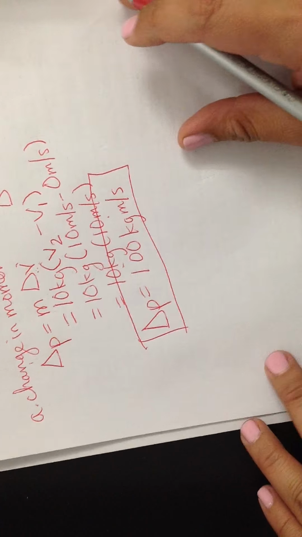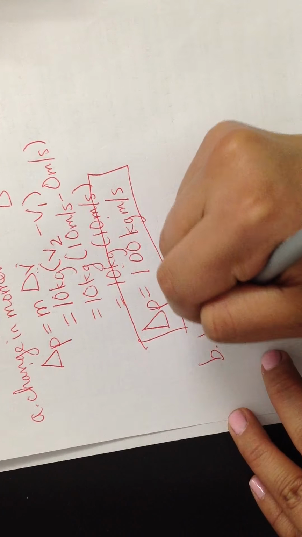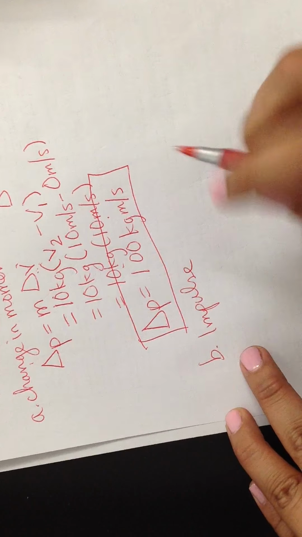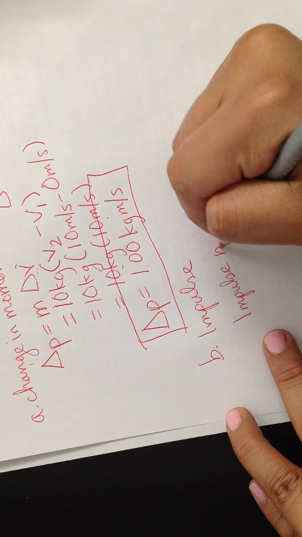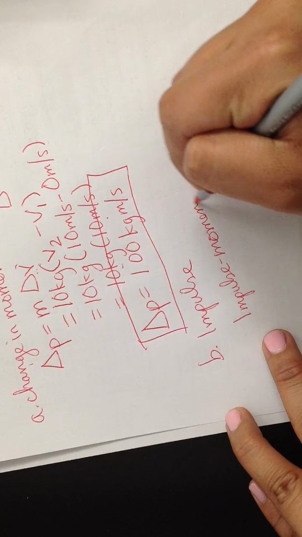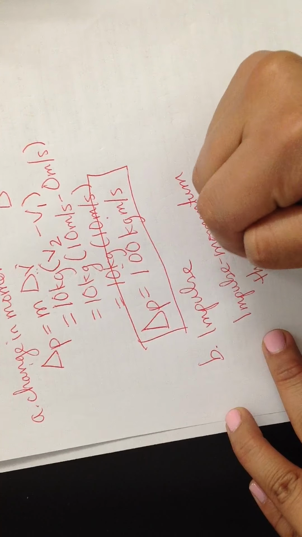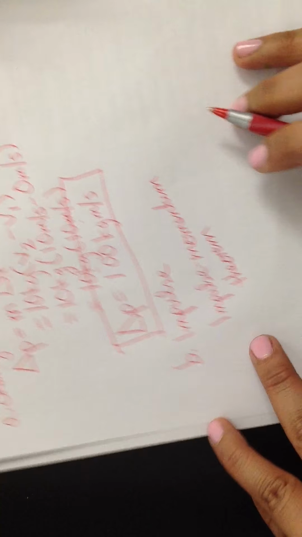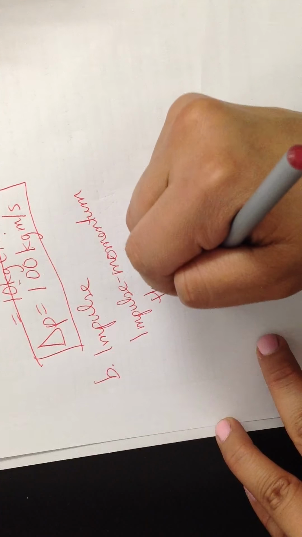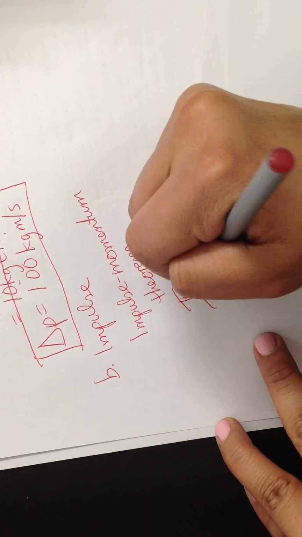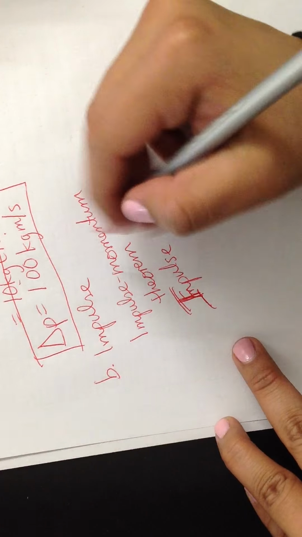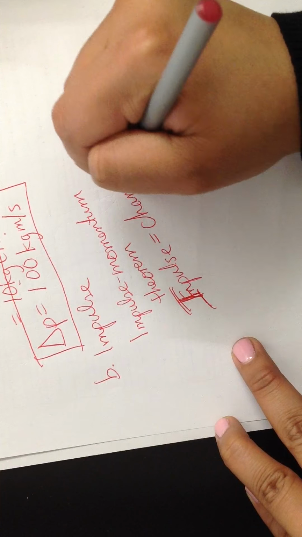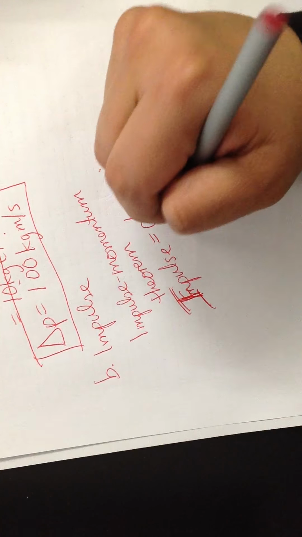Okay. Now for part B, they're asking you to find the impulse. Again, remember, the impulse momentum theorem says that impulse, that's an I, is equal to a change in momentum.